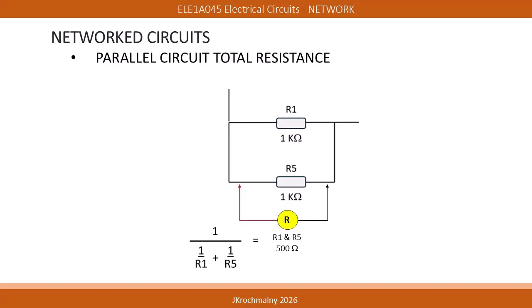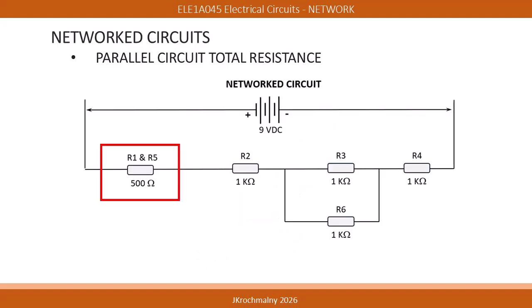Plugging these values into the equation of 1,000 ohms of R1 and 1,000 ohms of R5, we calculate the total resistance to be 500 ohms. We can now understand that this 500 ohms of total resistance of this parallel circuit is now in series with the other networked loads.